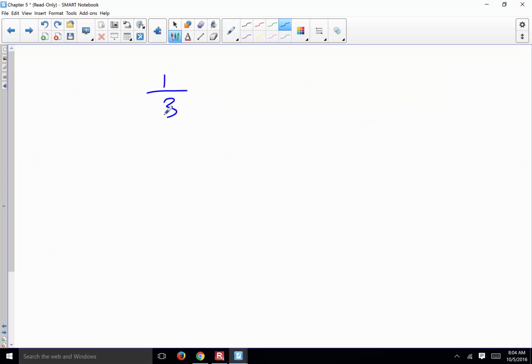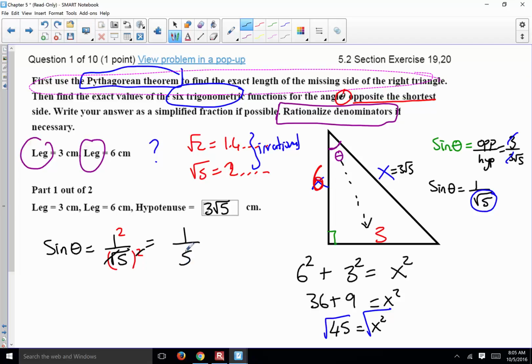Look, just think like this. You have 1/3 of a pizza. You split a pizza into 3 pieces, you have 1 slice. When you square it, do you still have the same size slice? No, it's 1 over 9. You have 1 out of 9 slices. Your slice shrinks to very little size. So when you square a ratio, you are destroying it. But I want to keep this ratio without destroying it.